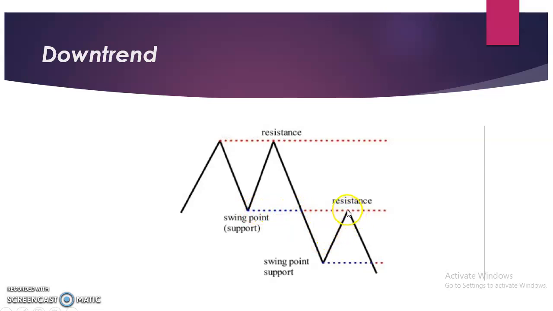It just came back to that particular point, and price plummeted again, breaking through the support once again. Now, in this scenario, we say that the market is in a downtrend. Why? Because price is simply impulsively breaking the support.